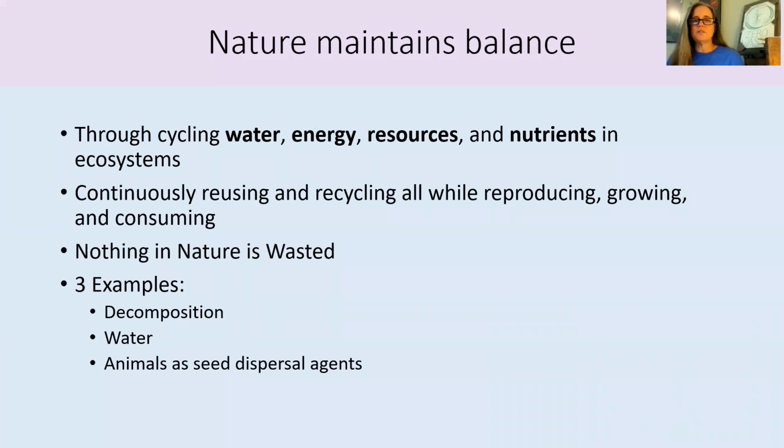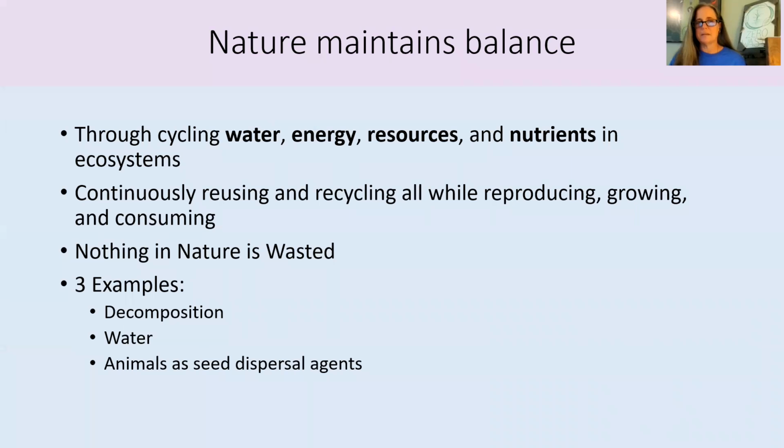We're going to talk through the water cycle, cycling water and energy and resources and nutrients in ecosystems, and how normal and natural it is, how nature just continually reuses and recycles, all while reproducing and growing and consuming, and it really works in nature. And that's really what we want for human ecosystems as well, because we are part of nature. Just emphasizing that nothing in nature is wasted.